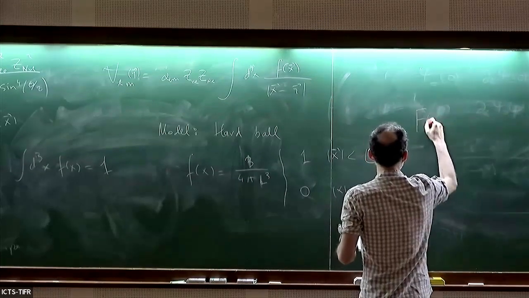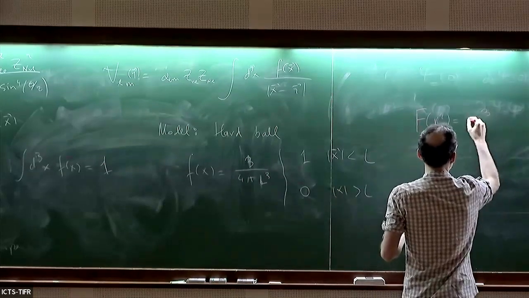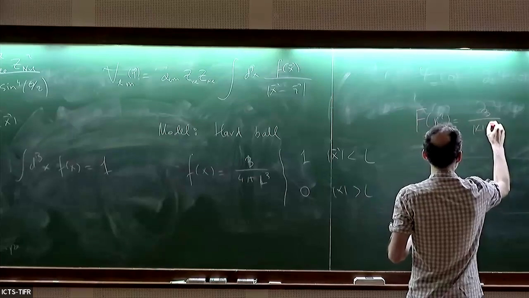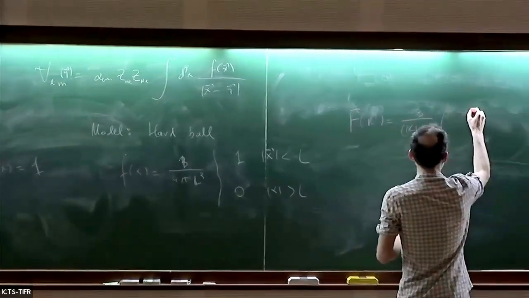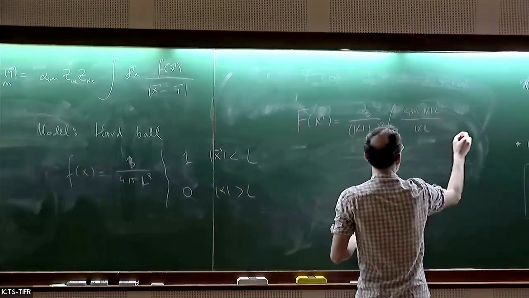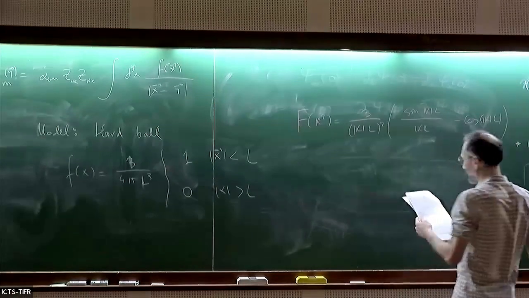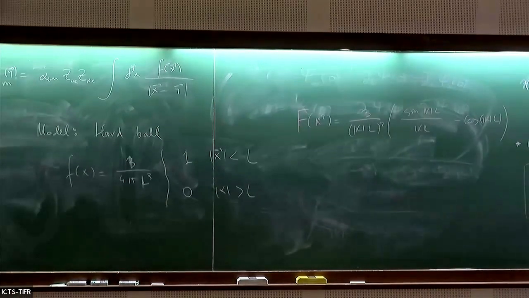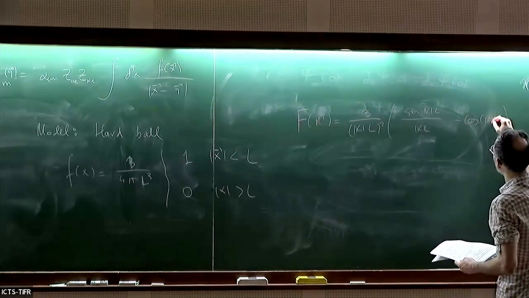You can use those to get f of k squared, 3 over modulus of k times L squared, and sines and cosines to go with it. Okay, that will be the answer for a full model, and you know the drill now.